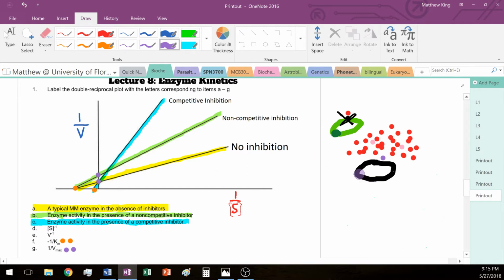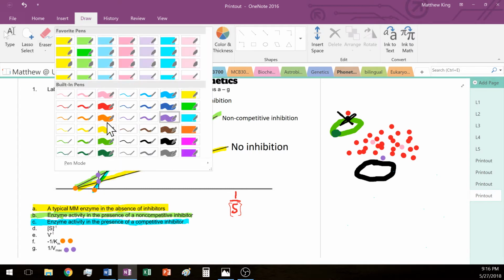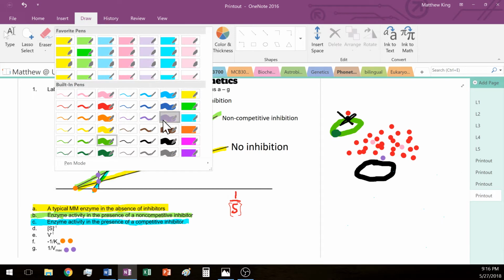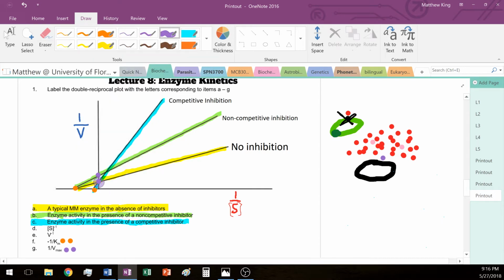So now that leaves our other model, which is the non-competitive inhibition. And I'll switch back over to this color so I know what we're talking about. We notice that this does not share the same Vmax. Notice we have the purple intercept right here, and then the top purple intercept.